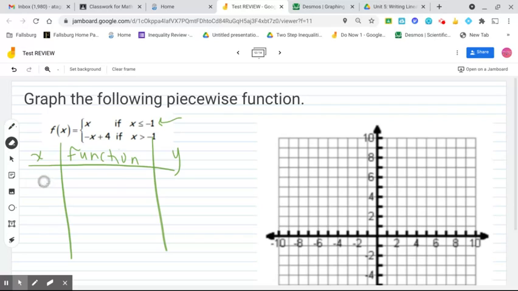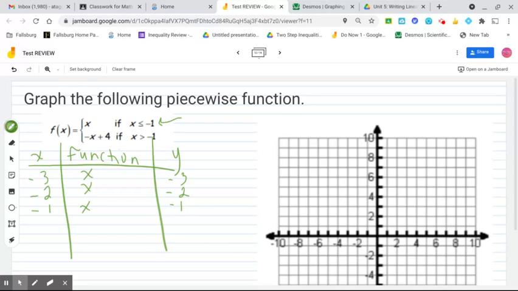So actually, I'm not plugging in an x right here. I'm plugging in an x in the middle. That's where the function goes. So I'm going to put a couple numbers that are less than negative 1. So maybe negative 3, negative 2, and negative 1. And I'm going to use the function x. So when I plug in a negative 3 to just the function x, I'm just going to get out negative 3. Same with negative 2. Same with negative 1.